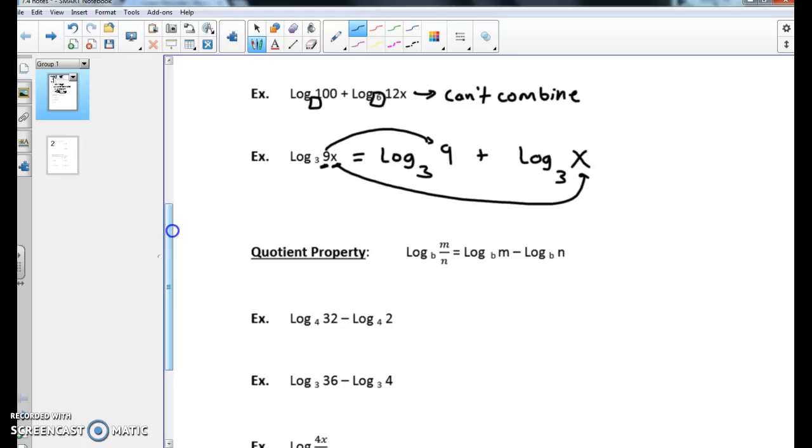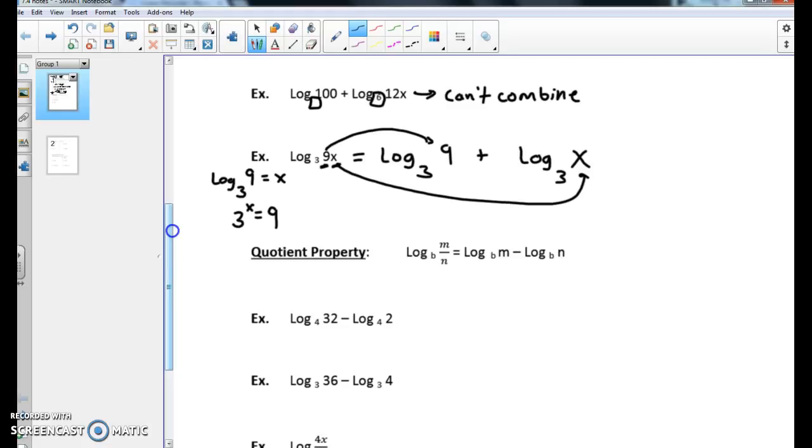Now some of you guys might notice something about the log base 3 of 9. That's actually going to simplify. If I visualize it from log form and flip that around to exponent form, maybe that helps you see what I'm talking about. 3 to what power takes us to 9? And it's not 3. Everyone wants to do 3 times 3.